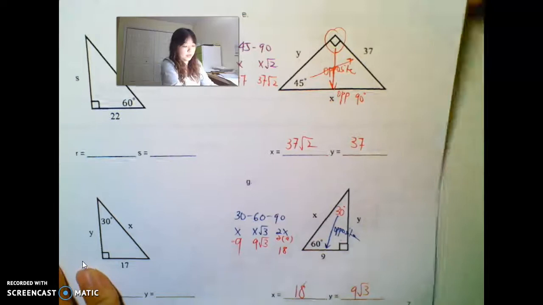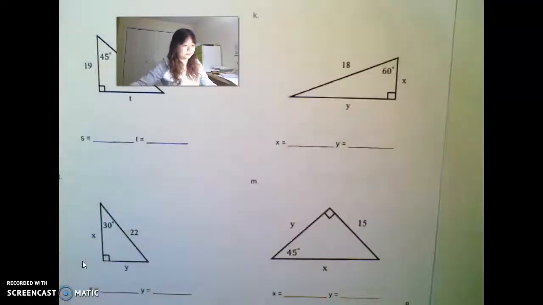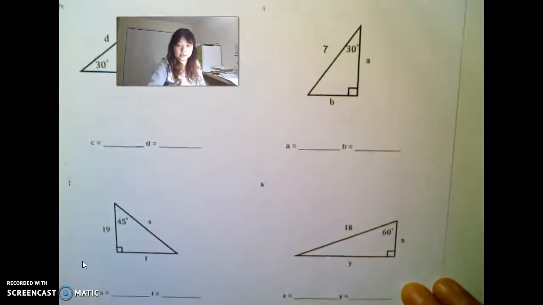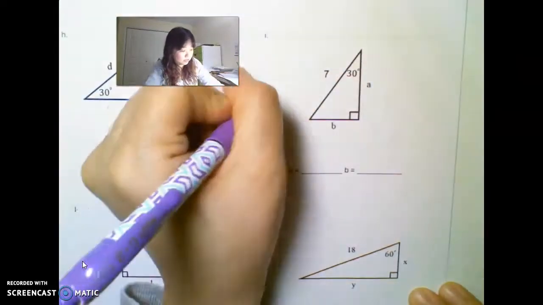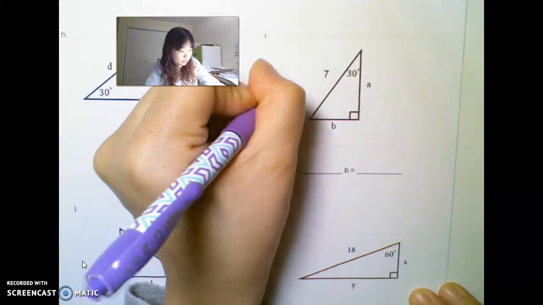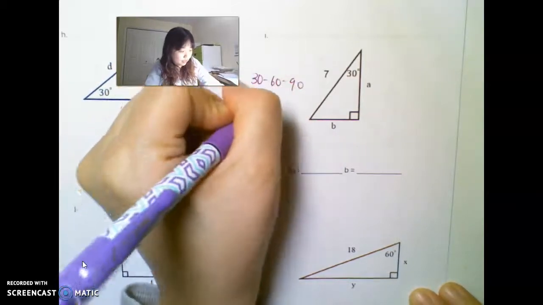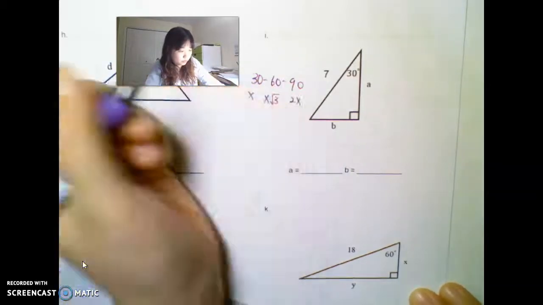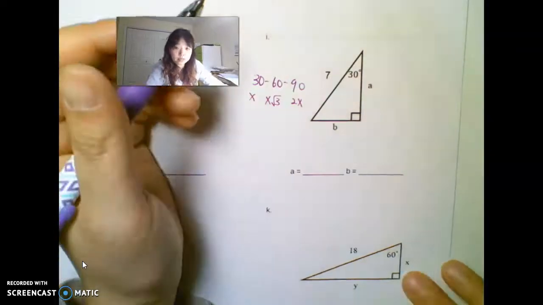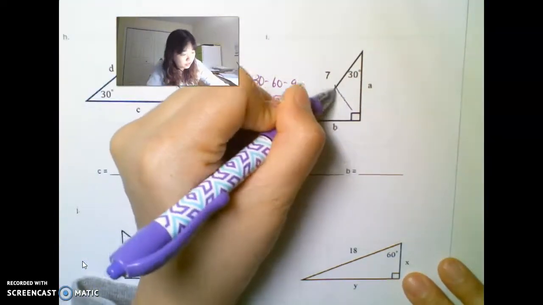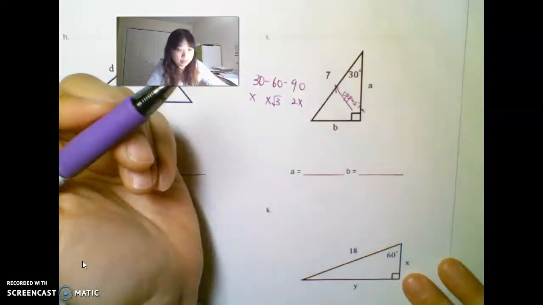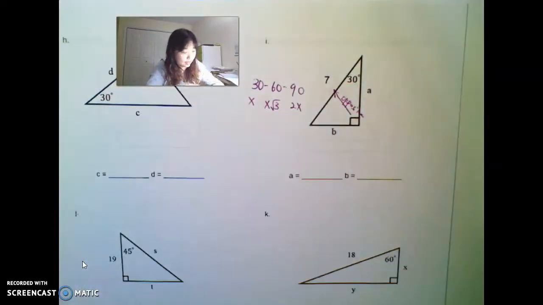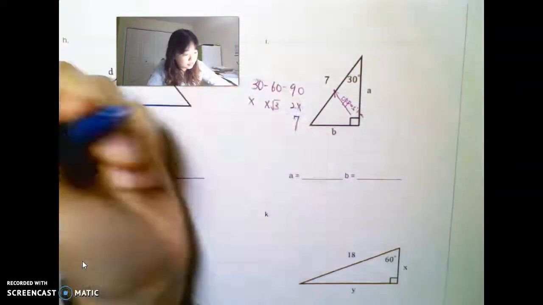Let's move on to page 8. I will do I. I is 30, 60, 90. So 30, 60, 90. x, x root 3, 2x. We always start with this. Now, what did they give us? They gave us opposite of 90 degrees, and they're saying that is 7.